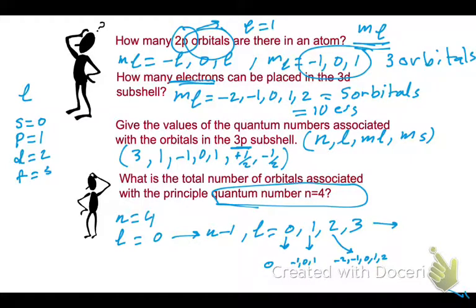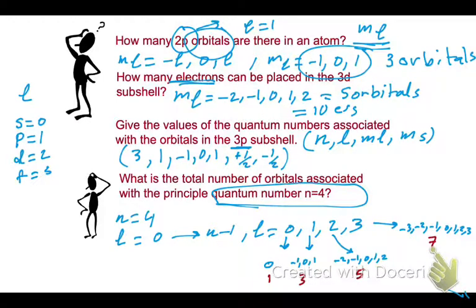And for 3, negative 3, negative 2, negative 1, 0, 1, 2, 3. So now if you add them up, this is one orbital, these are 3, these are 5, these are 7.